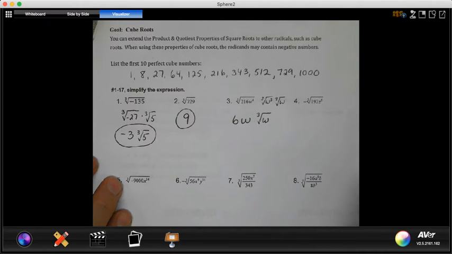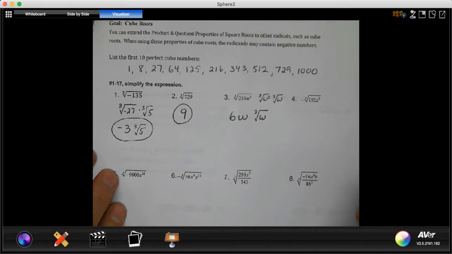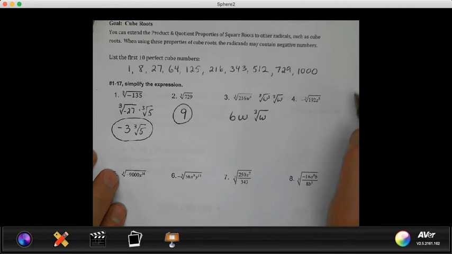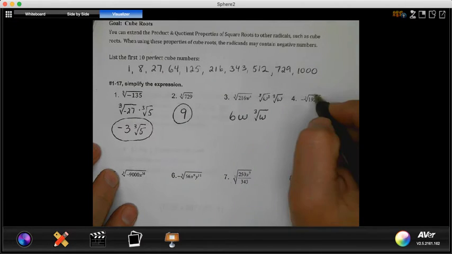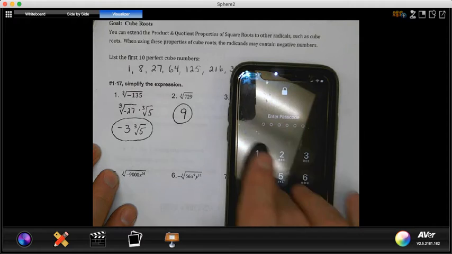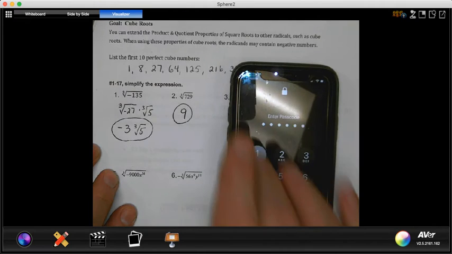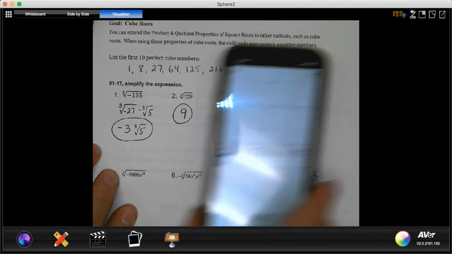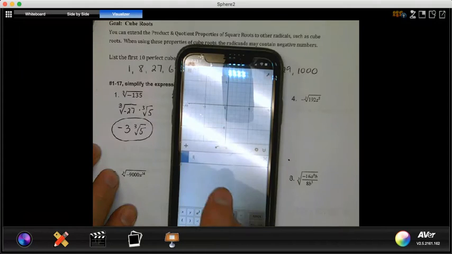Okay? All right. Number 4, I've got a negative out in front and cube root 192z to the 5th. I think maybe 64 might go into it. So I'm looking for 192 divided by 64.